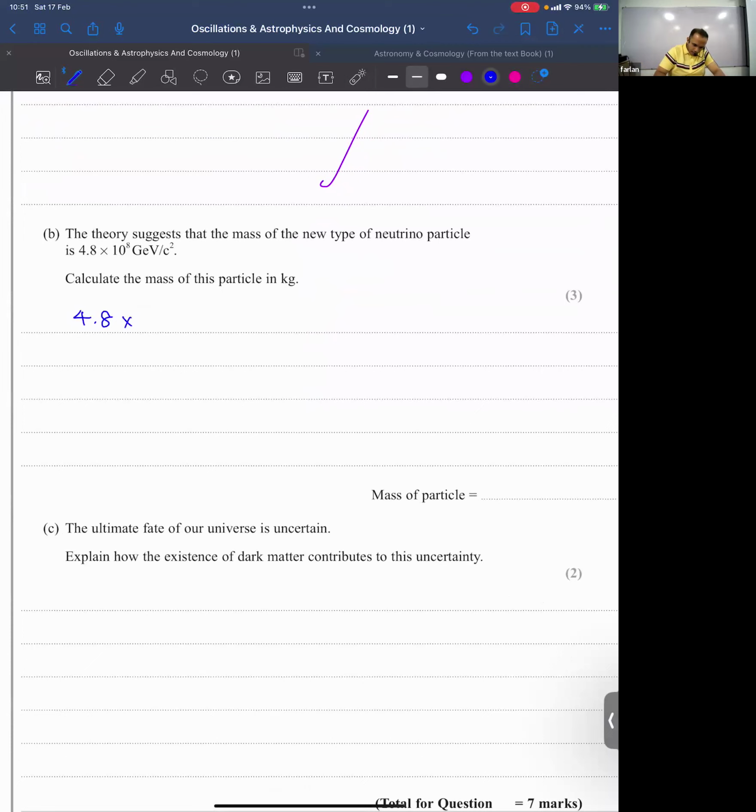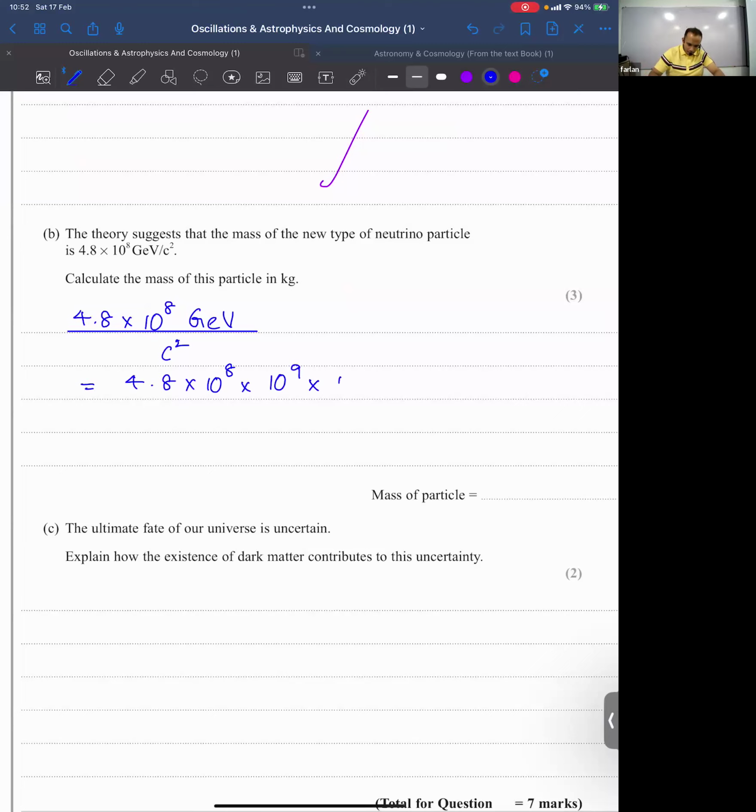So first thing to do is convert giga-electron volts to electron volts. Multiply by 10⁹. Mega is 10⁶, giga is 10⁹. Then convert electron volts to joules.